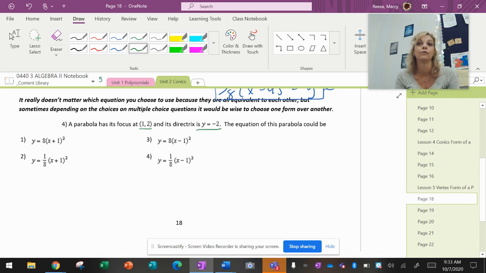And this is why we go over the vertex, okay? I want you to take a minute, pause the video, and come up with the conic form for this, okay? So pause it, and with a focus of (1, 2), directrix of y equals -2, come up with the conic. Go.